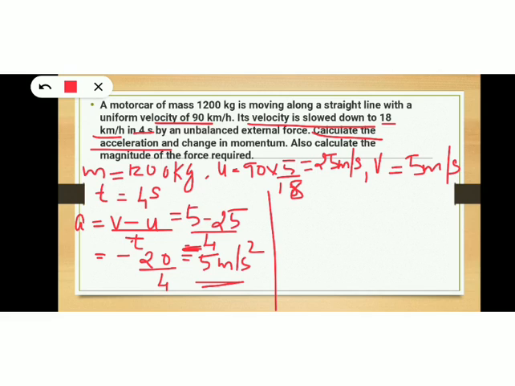Next you must find out the change in momentum. So what is change in momentum? Change in momentum is final momentum minus initial momentum. So change in momentum delta p is final momentum minus initial momentum. Final momentum is mass into final velocity.